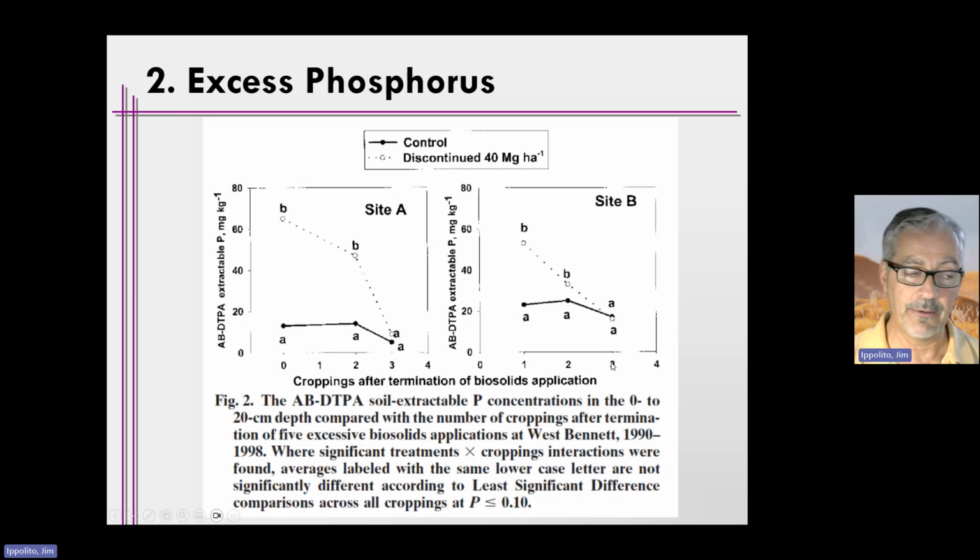So 3 cropping cycles is 6 years, and you could do some predictive analysis to fill in the gaps between excessive and the control. And so this is a story of waiting and letting phosphorus love to be loved in the system by iron, aluminum, and calcium phosphates.